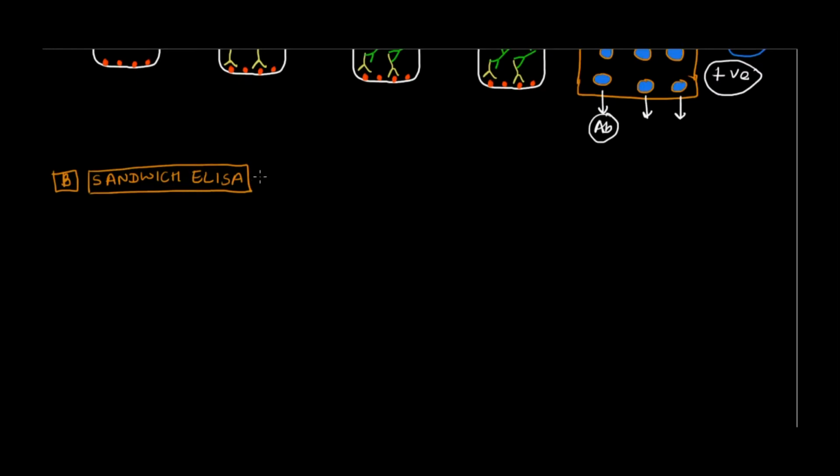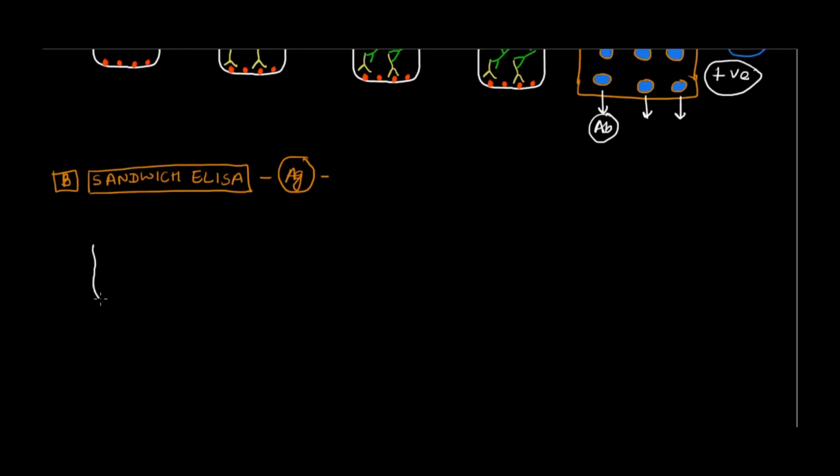So Sandwich ELISA is for detection of antigen present in the sample. You can detect any protein, peptides, hormone presence in the sample. So now it should be easy enough to understand. If you're looking for antigen in my lab setup, in my ELISA plate, I would want antibody against that, right? So let's go ahead and make that.